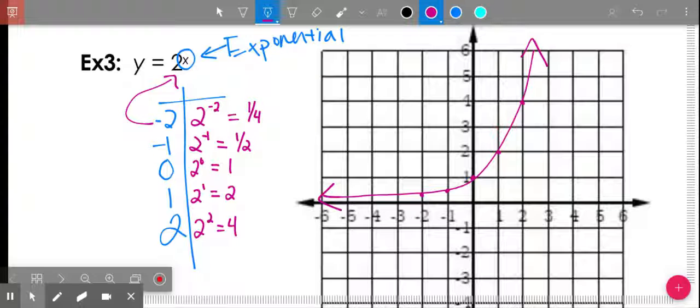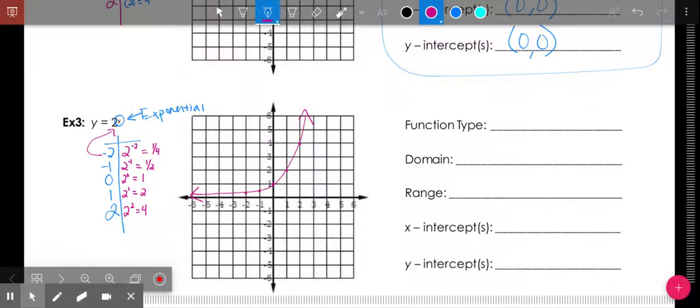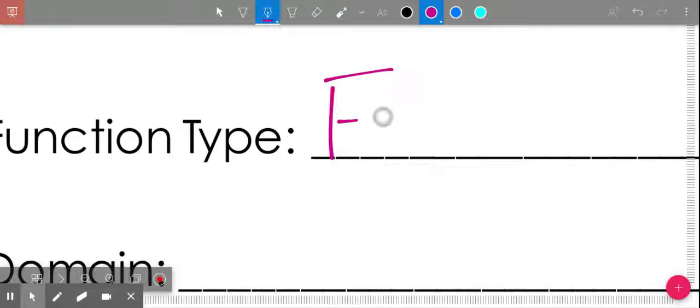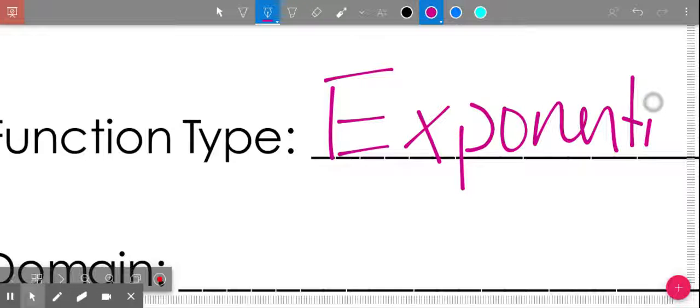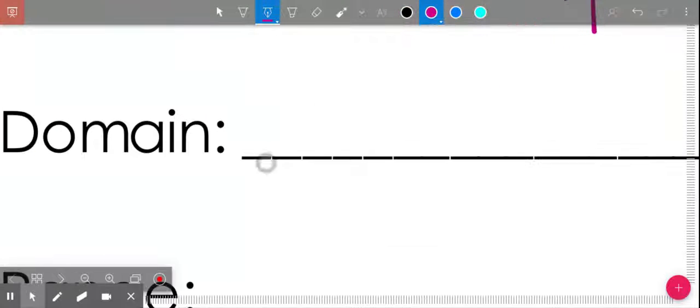Notice it gets really close to the x-axis, but never actually touches it. It has that nice curve to it, so we know this is an exponential function. Our domain is still all real numbers.